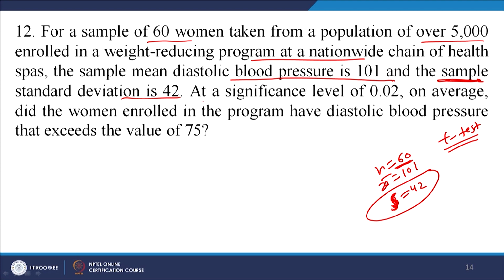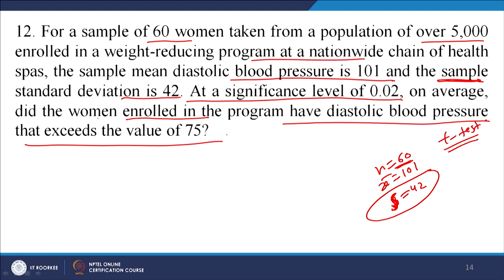So, let us look at this. At a significance level of 0.02, on average, did the women enrolled in the program have diastolic blood pressure that exceeds a value of 75? So, what's the hypothesis here? In a sample of 60, the mean blood pressure and standard deviation are given, at a significance level of 2%.